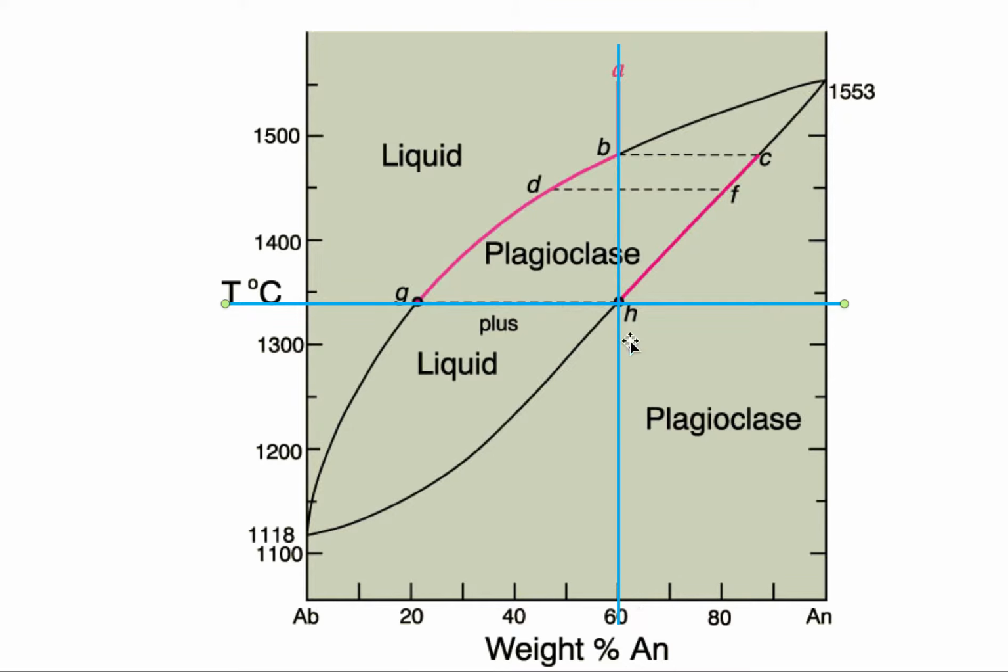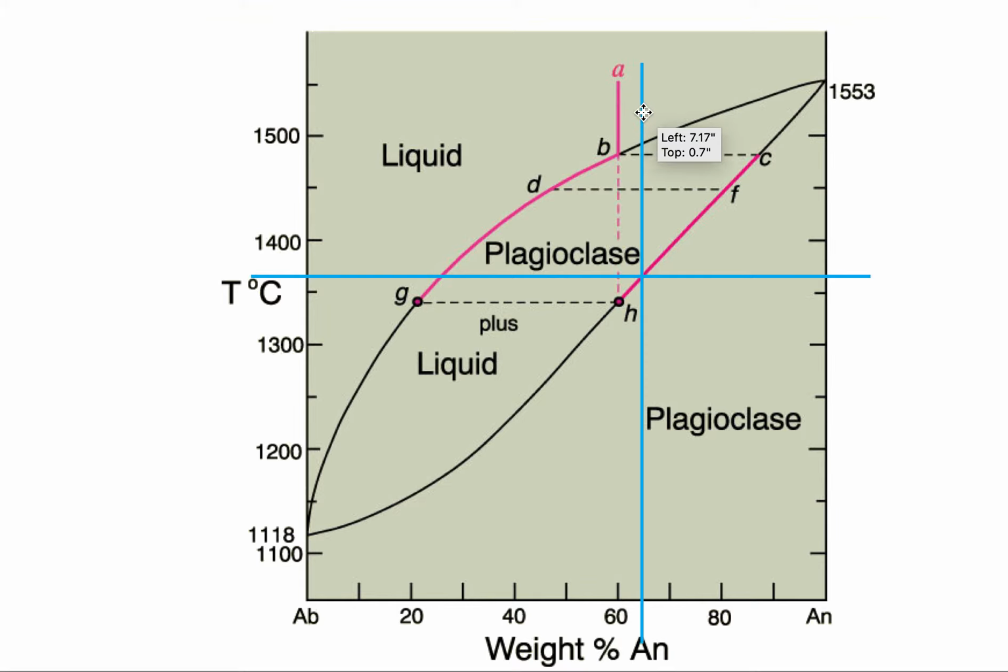So that means the solid would move in this direction. It will be a sum of two vectors migrating to the right as we pull out sodium that's going into the liquid, and then going upwards as we increase the temperature by adding heat. And the sum of those vectors is this pink line here. So the solid that we would have after removing a little bit of liquid would be, let's say, over here.